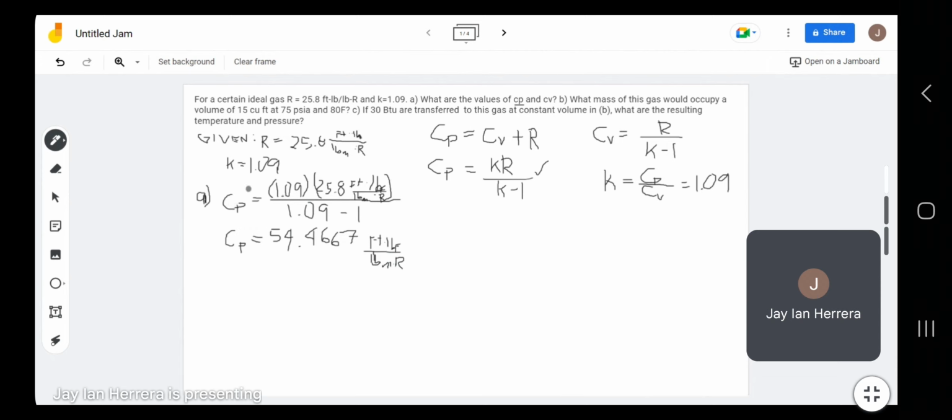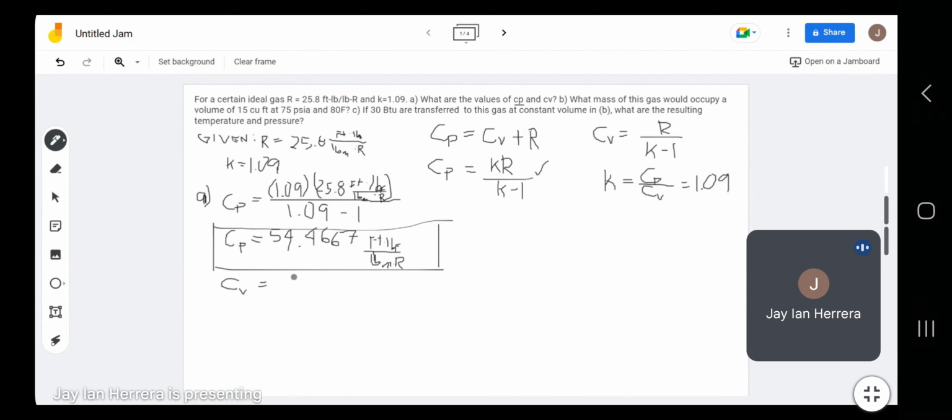Okay. So we already have CP for letter A. Next naman is kunin natin yung CV. So CV, we can just manipulate this formula para mas madali, hindi nyo na isa-solve ng matagalan. So we can say that CV is equivalent to CP minus R. Parang i-transpose lang natin si R papuntang kabilang side.